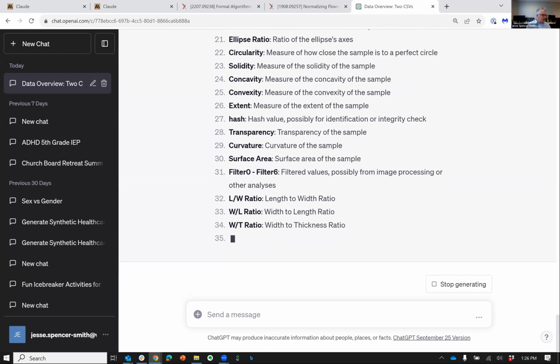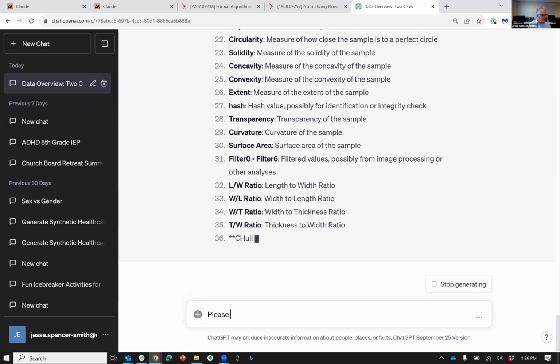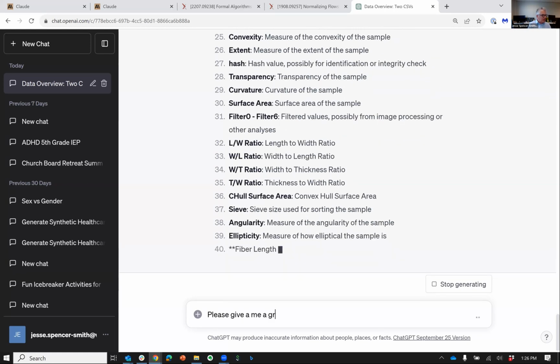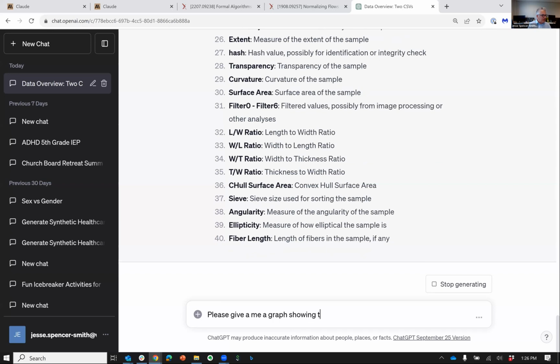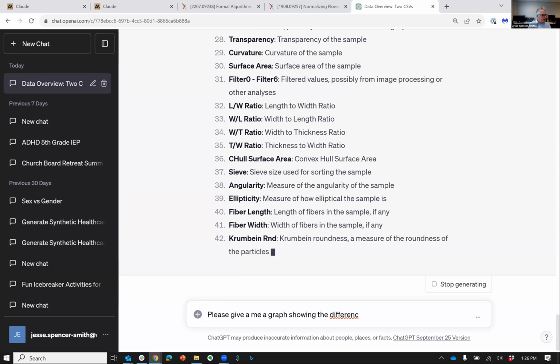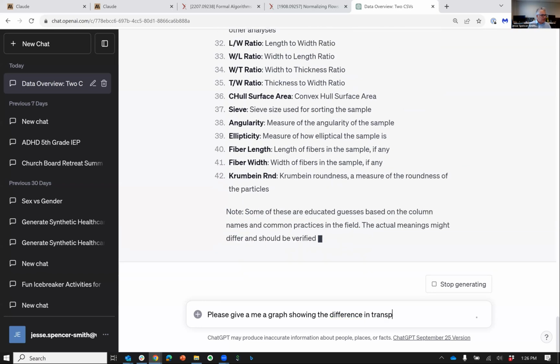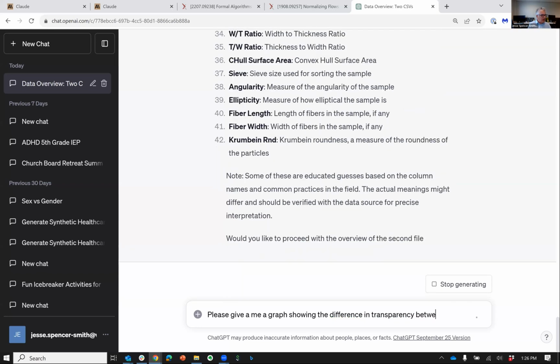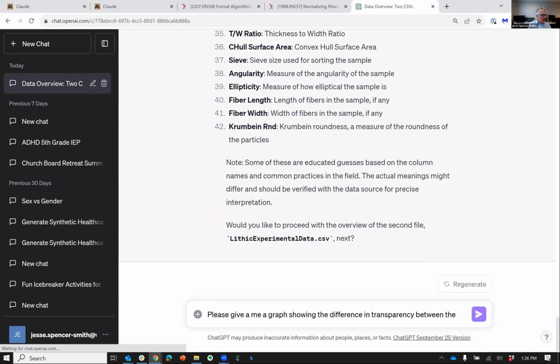So I'm going to go and ask this. Please give me a graph showing the difference in transparency between the two files.